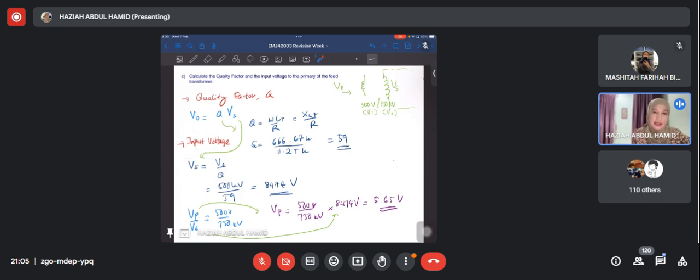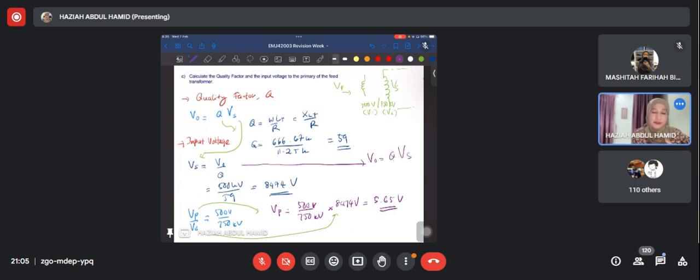Kalau tak jumpa ni, kalau tak ingat saya letak kat mana, pergi buka balik nota, ada under resonance VS sama dengan VO per Q. So asalnya saya tulis dalam note saya tu, kalau tak silap saya lah, VO equal QVS.